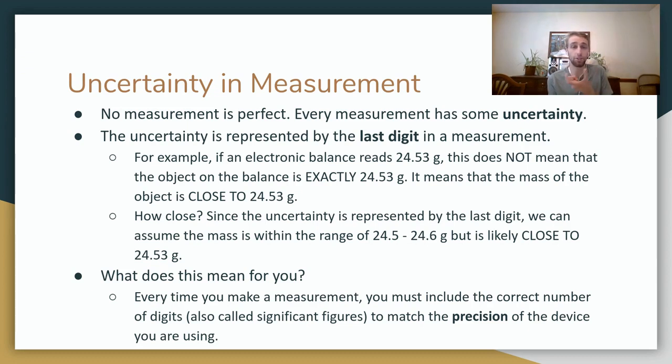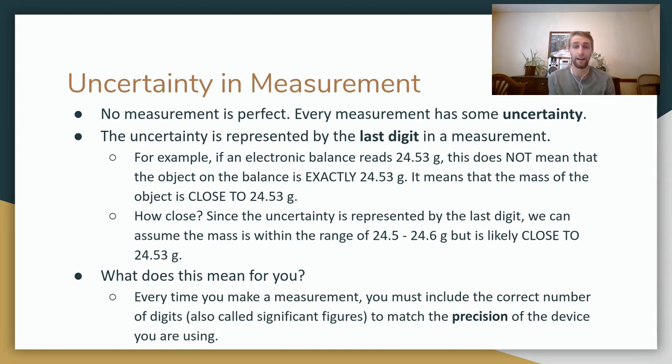But where within that range, that's where the uncertainty of the device or the estimation comes in. So it's somewhere in that range because we know the first 3 digits are true. So greater than 24.5, less than 24.6. But we don't know exactly where. We know it's close to 24.53.